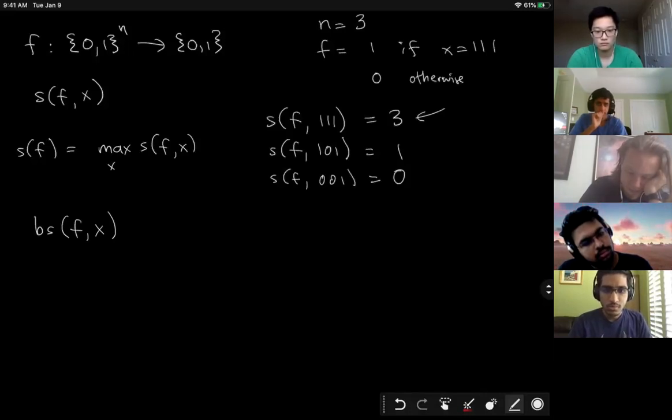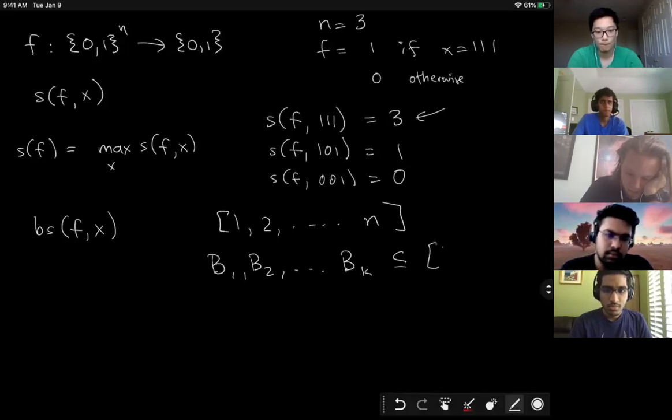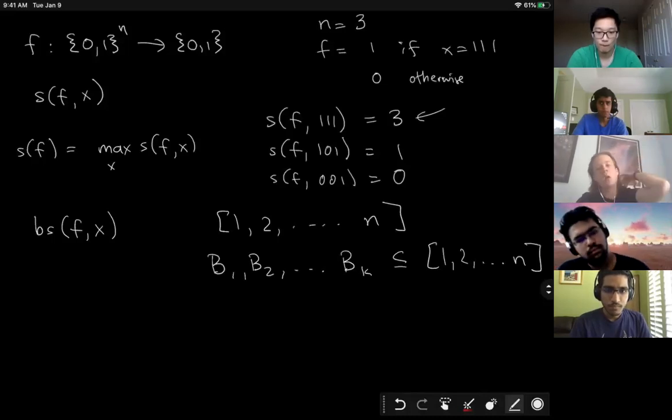You take the indices 1 through n, and you split them into some disjoint blocks, b1, b2, up to bk, where each of these blocks is a subset of this set.